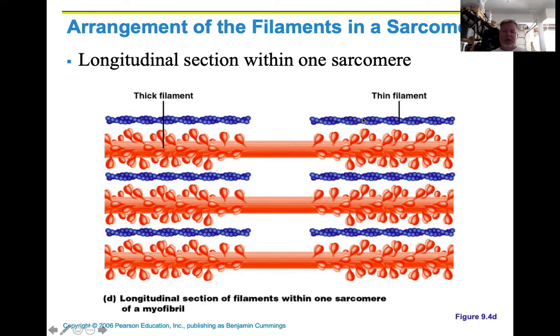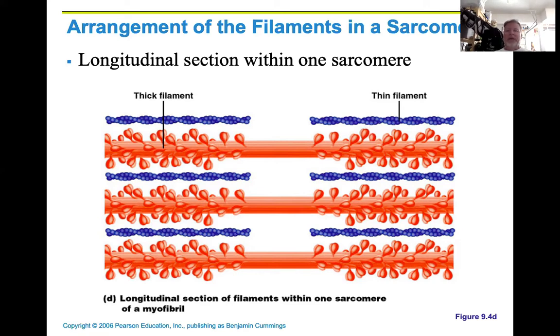So this one on my right moves to the left, and vice versa over here, this one moves this direction. In a relaxed state though, you still have some overlapping between your thin and your thick filaments. If you didn't have that overlapping, you couldn't get these heads to attach to the actin fiber, which means you wouldn't get any muscle contraction at all.